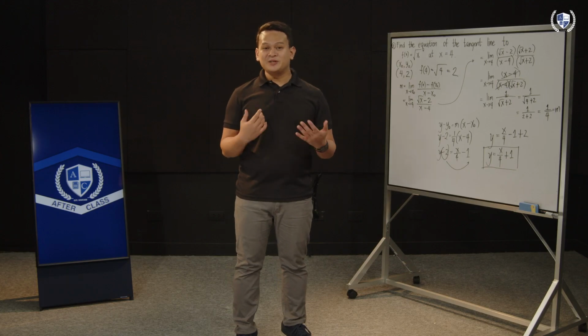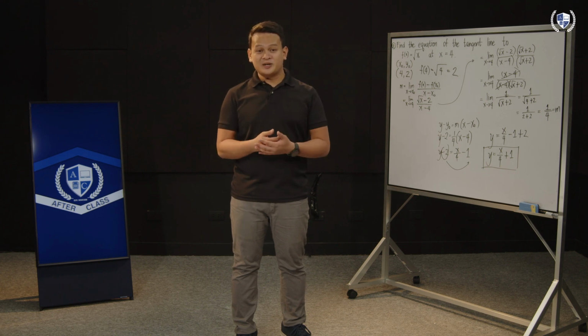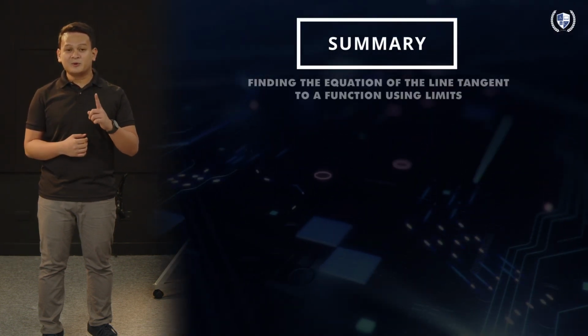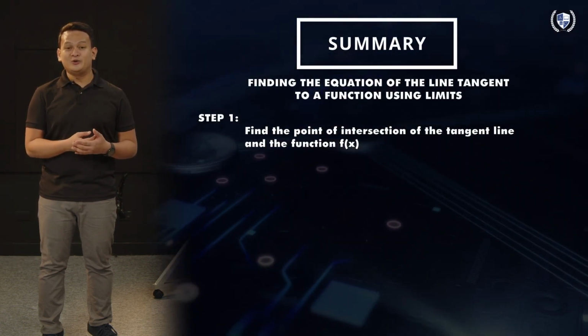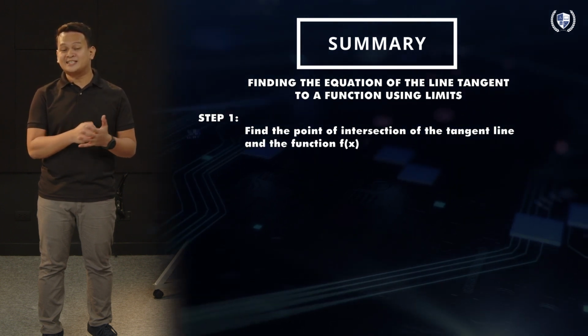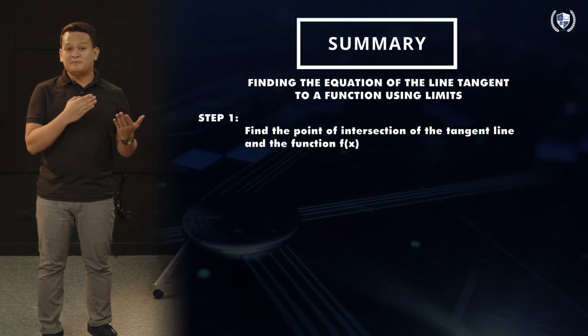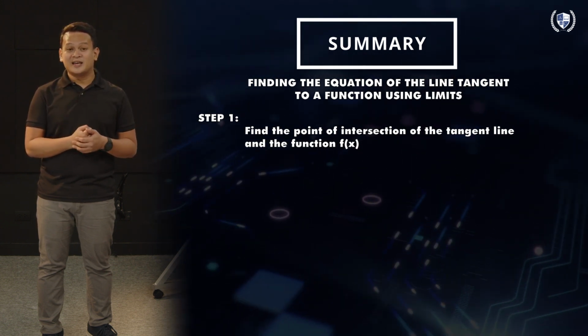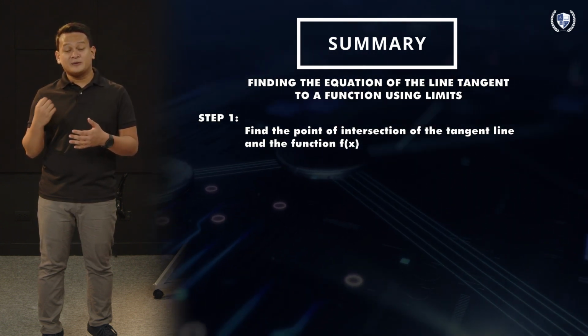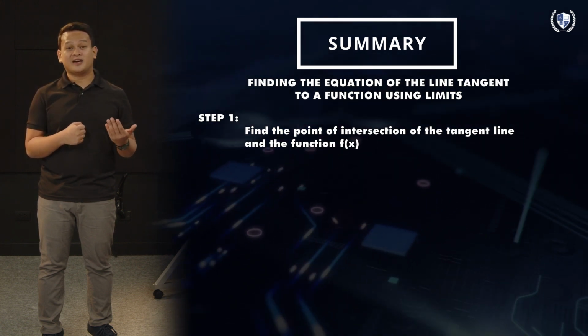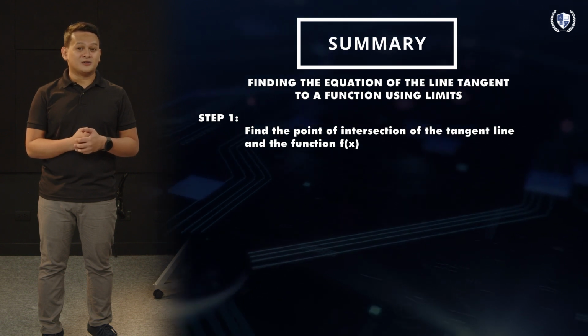Okay, so now we know how to find the equation of the tangent line to a certain curve or function. Paano yun? Let's recall the steps. Number 1, kailangan mahanap natin yung point of intersection ng tangent line tsaka nung function nating f of x. Paano? Diba? Binigyan tayo ng x naught and we can easily find the partner y naught by simply substituting the value of the x naught to our function f of x.